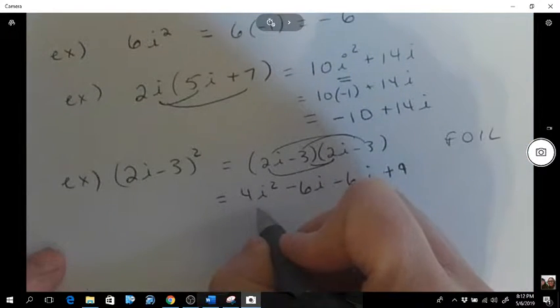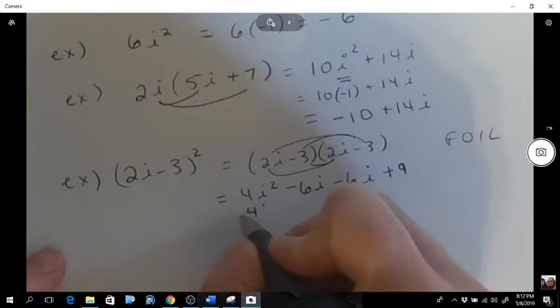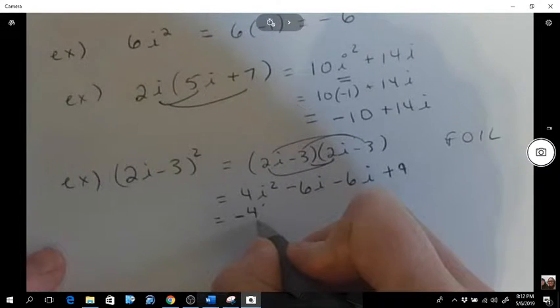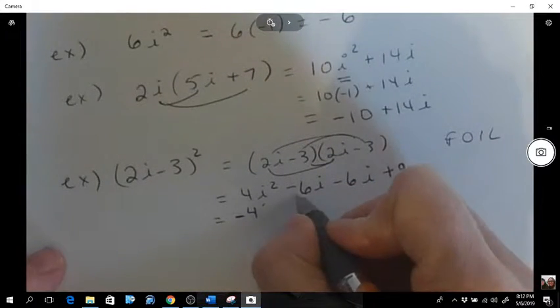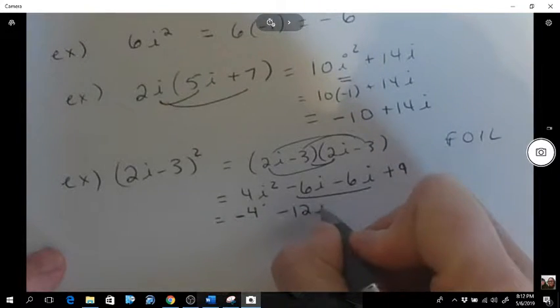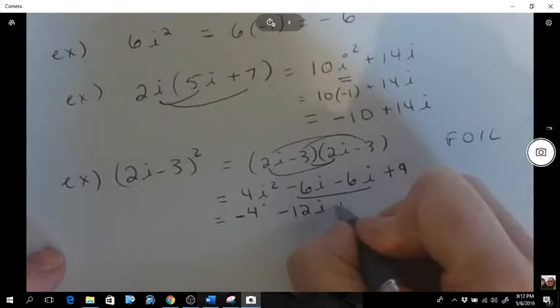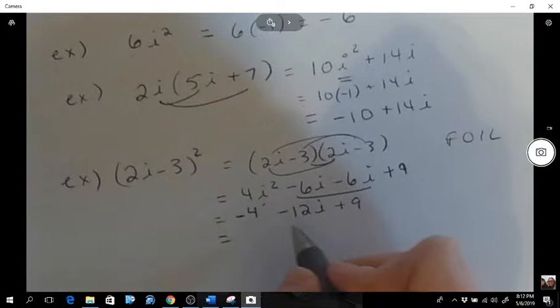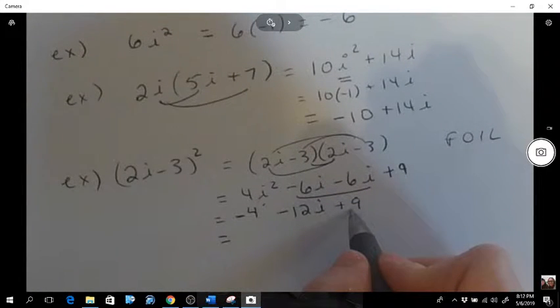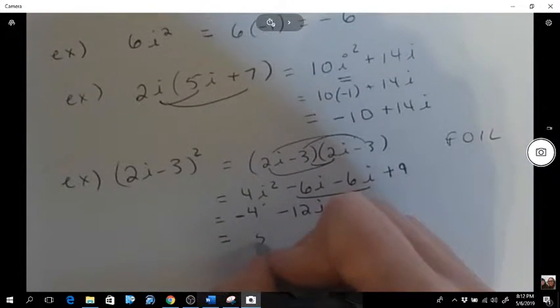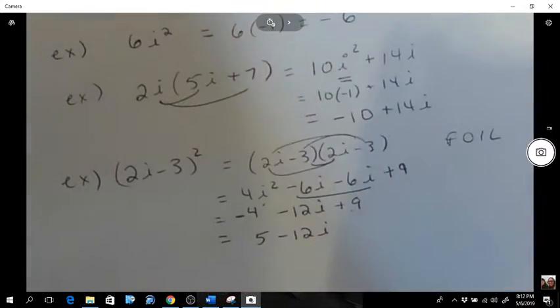Okay, and this is -4. And then I group those together, minus 12i, plus 9, and now I can put -4 and 9 together to read 5 minus 12i.